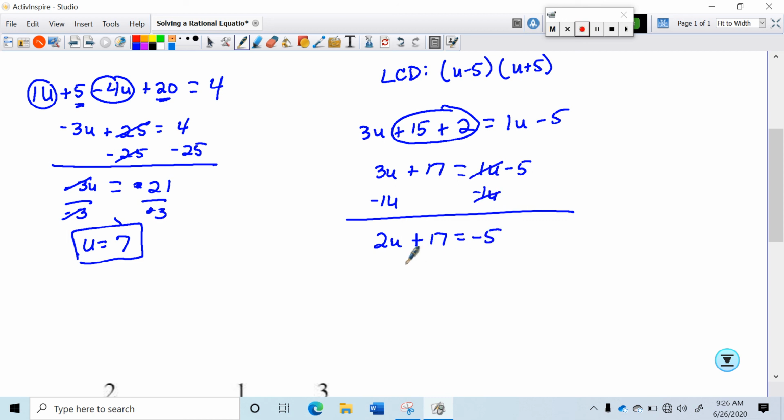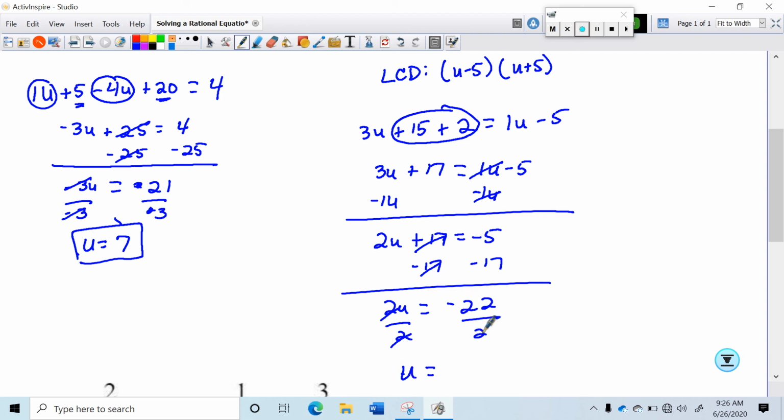I'm going to subtract 17 from both sides. 2u, opposites cancel, equals negative 5 and a negative 17 is a negative 22. I'm going to divide both sides by 2. 2 divided by 2 is 1, equals negative 22 divided by 2 is negative 11.